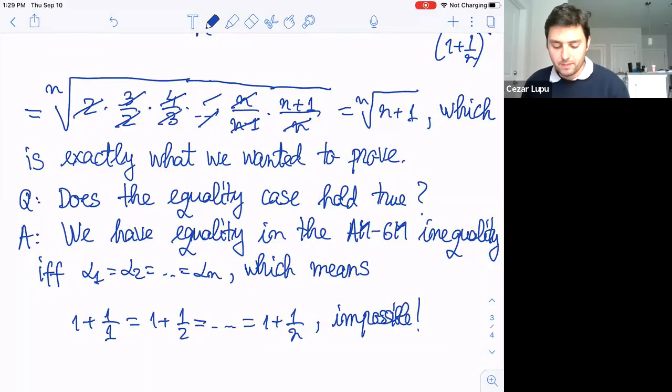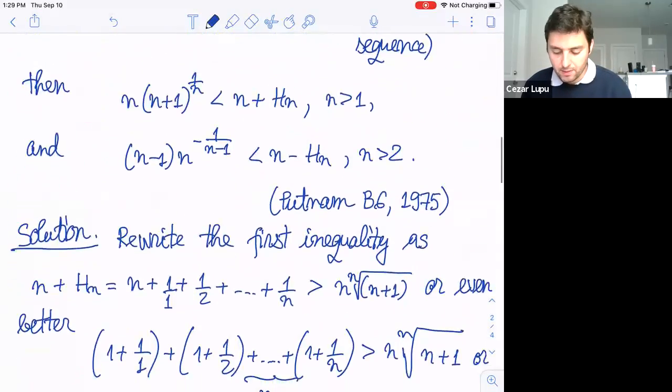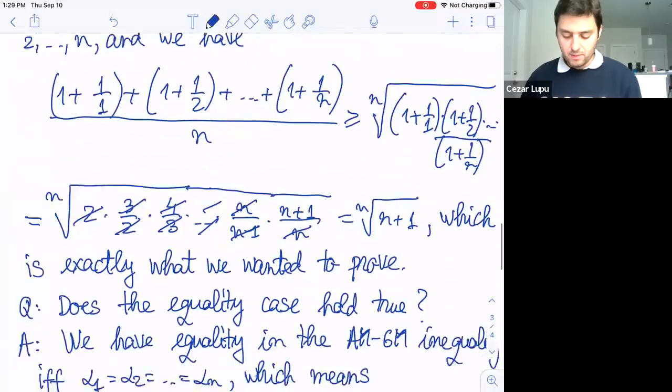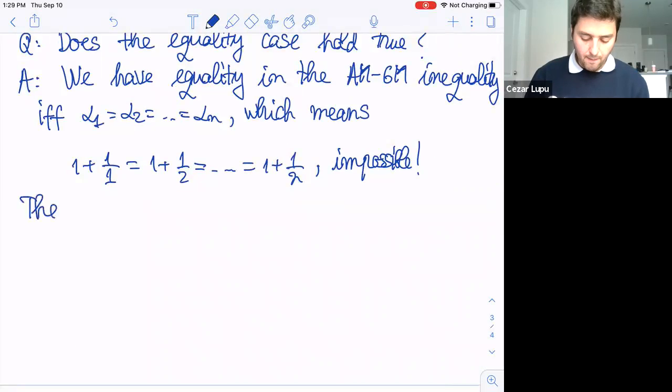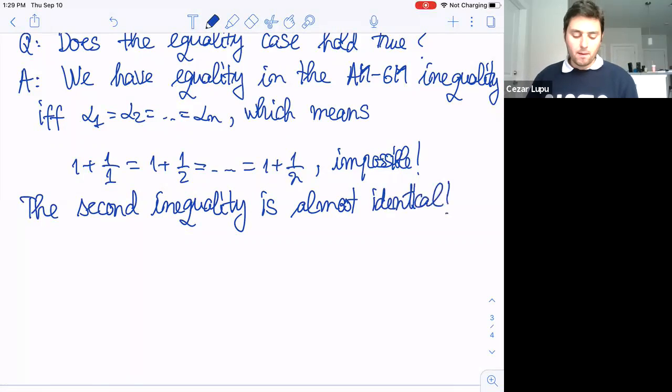And guess what? The second part is identical if you look at it, right? You just have to rewrite it. So the second inequality, I'm just going to rewrite it and I'll leave it to you, is almost identical. What are we going to do for the second part?